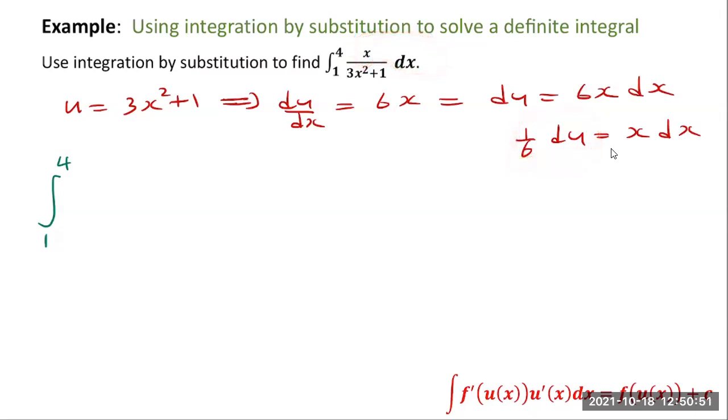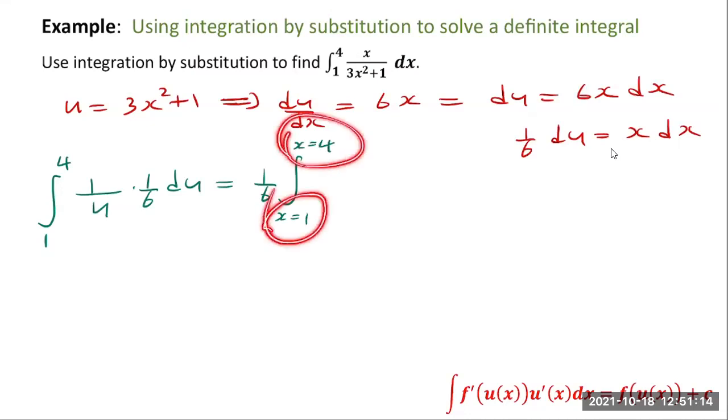So I can put it there, and I have 1 over u times 1 over 6 times du. This is equal to, of course, I can pull out 1 over 6, integration 1 to 4. So I will write, since this is an integration in terms of u, x is equal to 1 to x is equal to 4 to indicate that these are x limits, not u limits. You have 1 over u du. That's what you have.